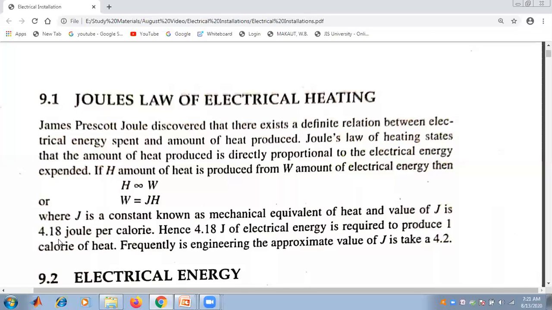That means 4.18 joule of electrical energy is required to produce 1 calorie of heat.